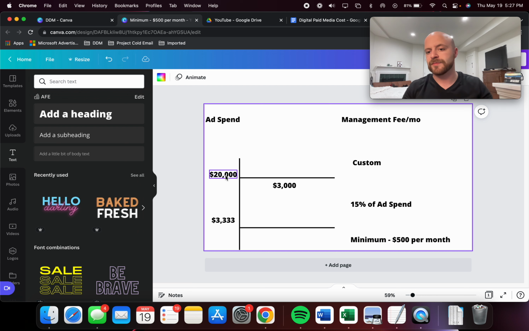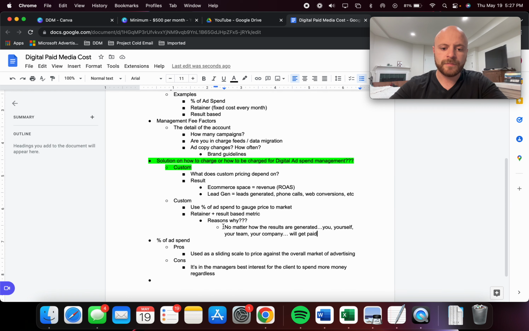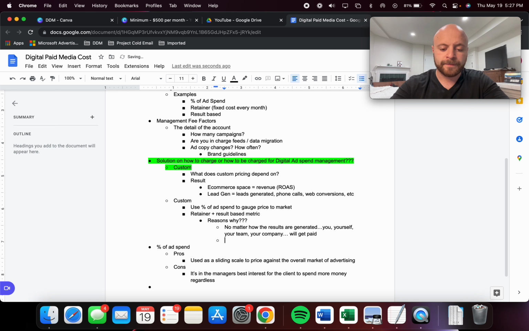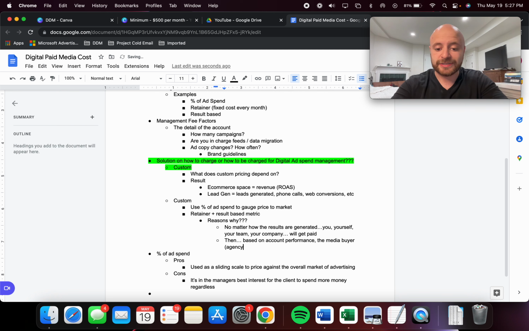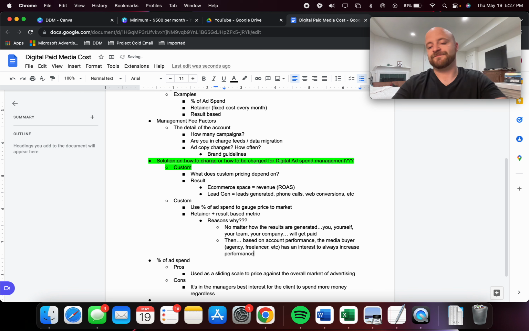So it's almost like a commission structure. Based on account performance, the media buyer, agency, freelancer, etc., has an interest to always increase performance. That's why. It's a commission structure.